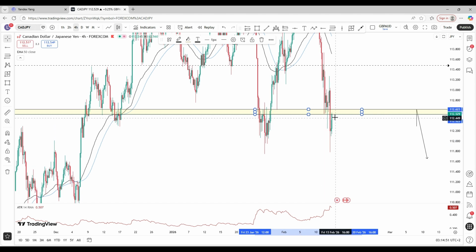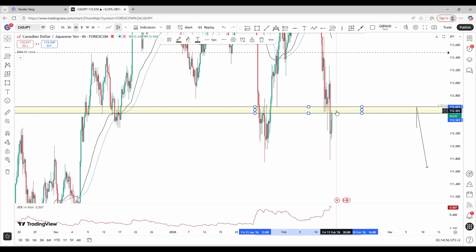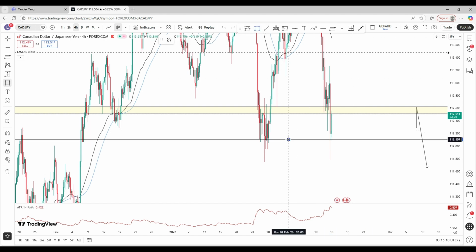So I expect that the market is now going to retest this level around here, based on what's happening around here. I think it is going to retest, reject and push to the downside. So I'm going to take advantage of this movement.